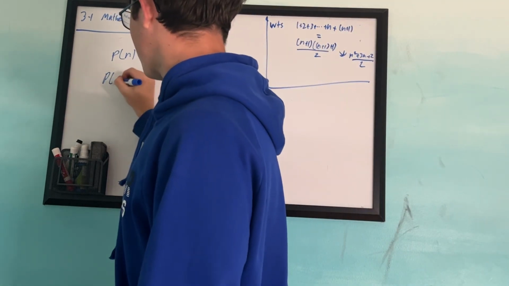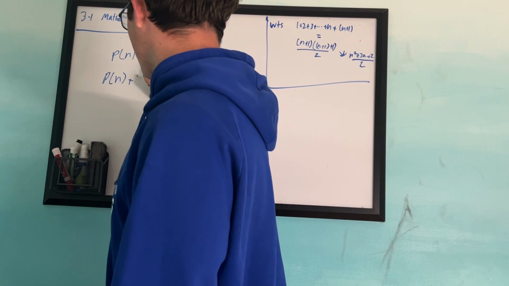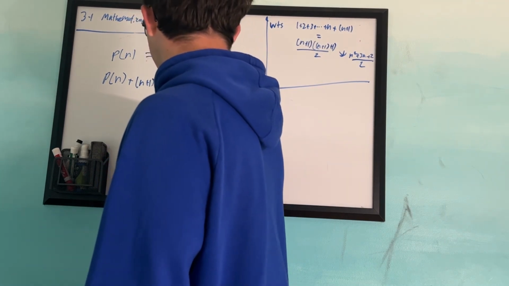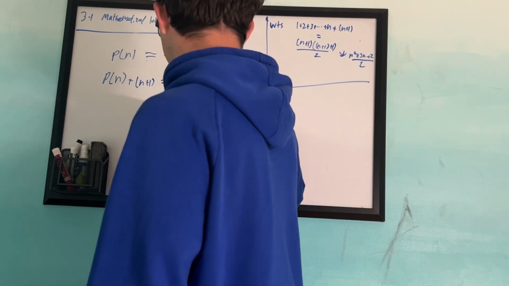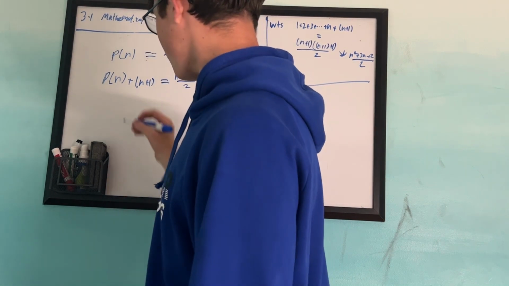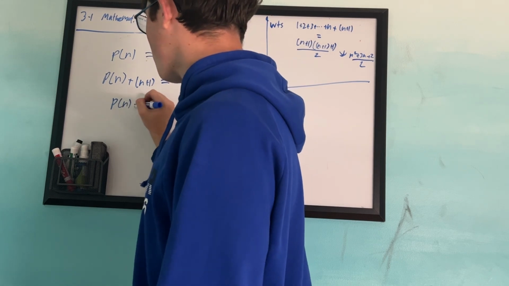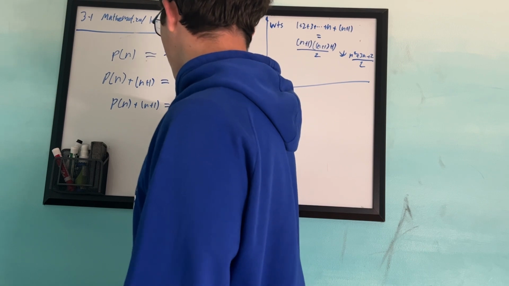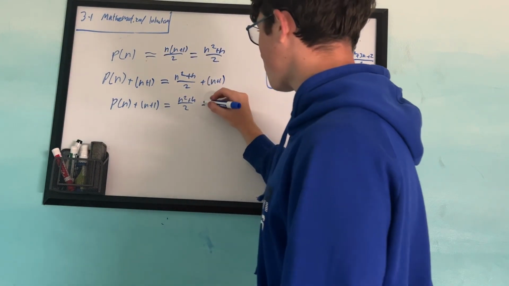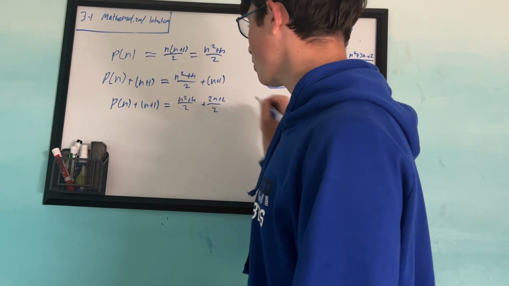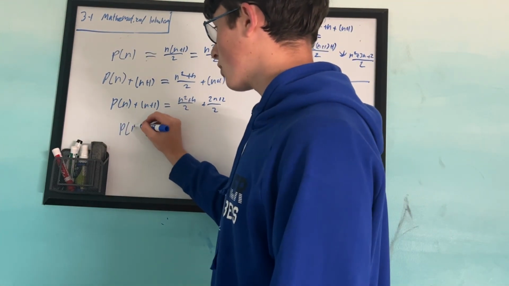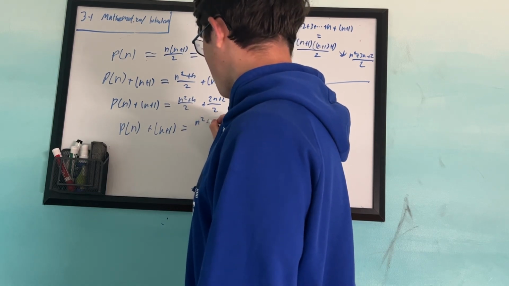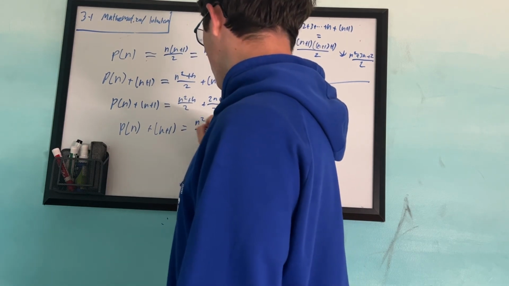So we can do P of n plus n plus 1 is equal to n squared plus n over 2 plus n plus 1. We can get a common denominator here: n squared plus n over 2 plus 2n plus 2 over 2. So we get P of n plus n plus 1 equals n squared plus 3n plus 2 all over 2.